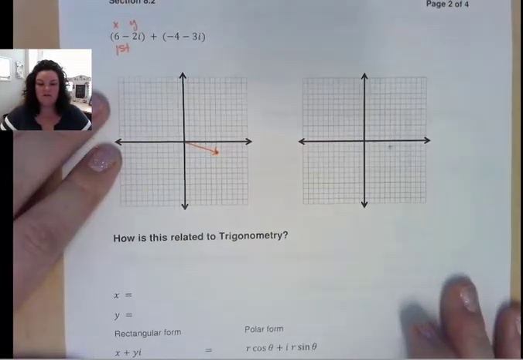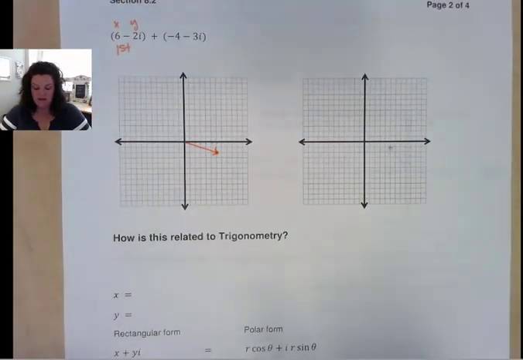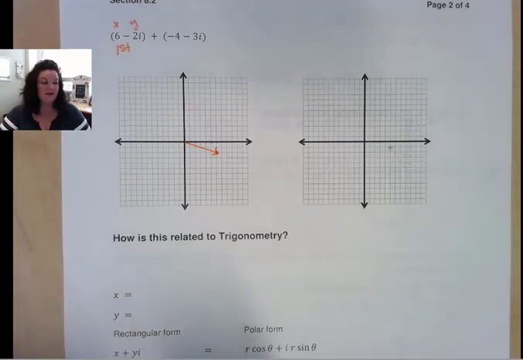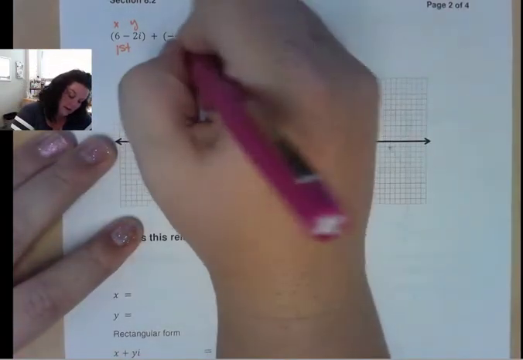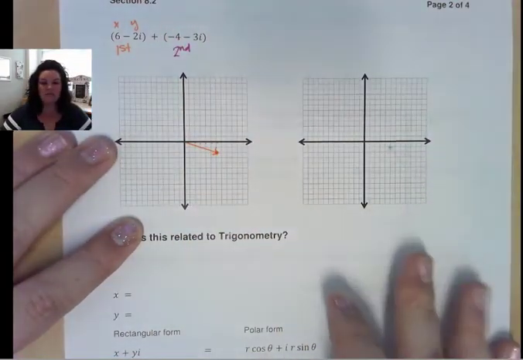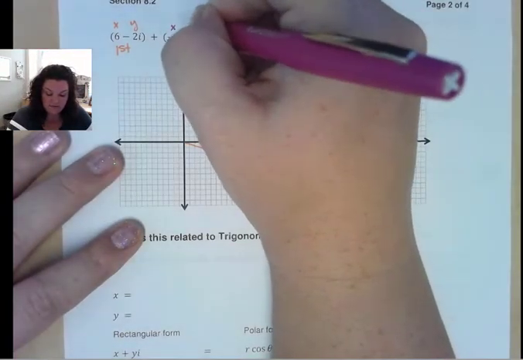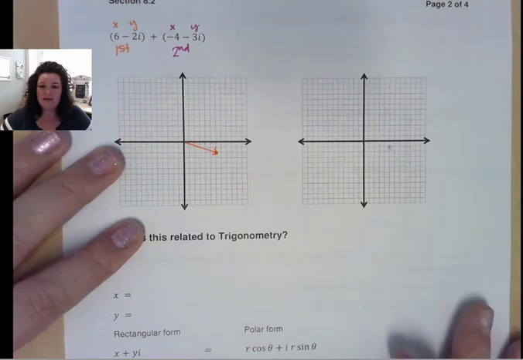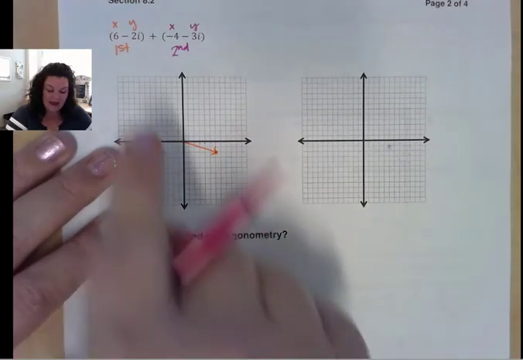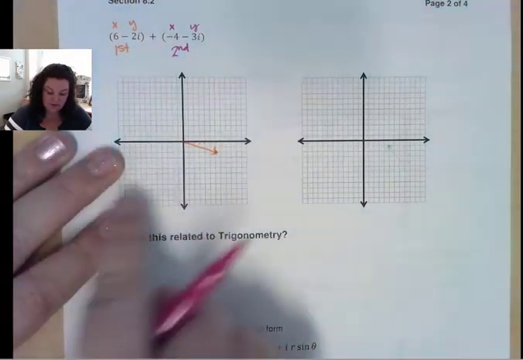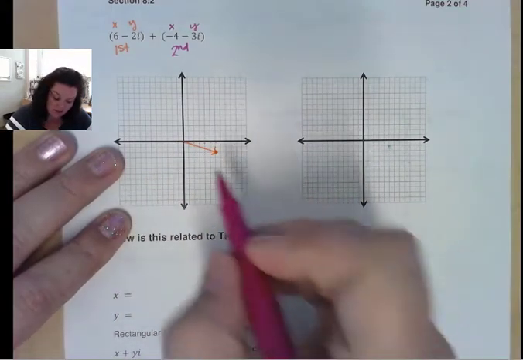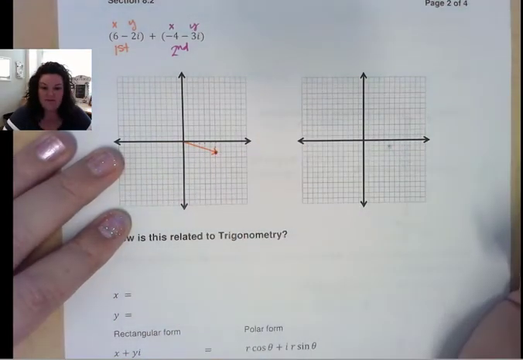Okay, sorry, I had to turn my paper to be able to draw it. And then I'm going to add on this second number. Notice my second number values are negative. My x here is going to be a negative 4, and my y is going to be a negative 3. Now, because I'm adding it onto this first vector, I'm not going to start at 0, 0. I'm going to start from the end of that vector.